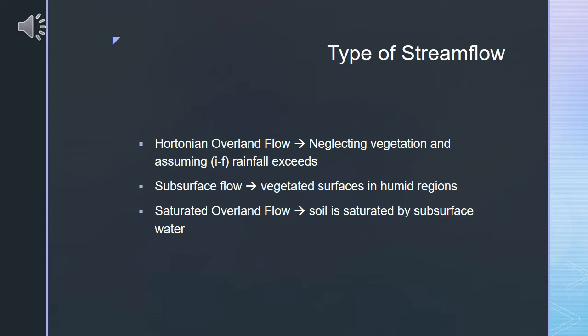So this is how much precipitation comes minus the infiltration rate. When we subtract them, this is the rate of flow on the overland. And we have subsurface flow, which occurs in vegetated surfaces in humid regions.